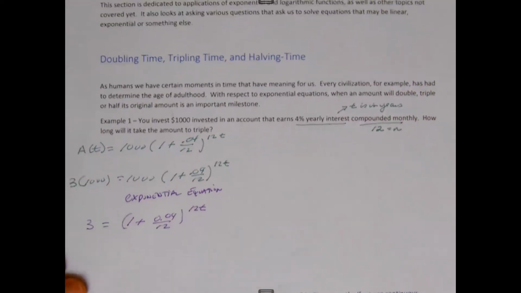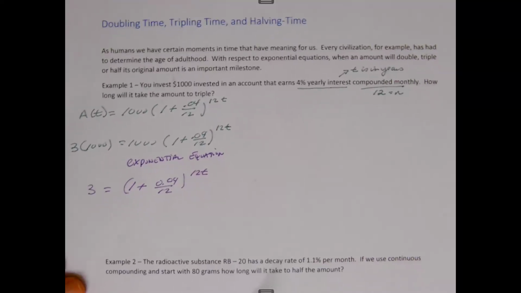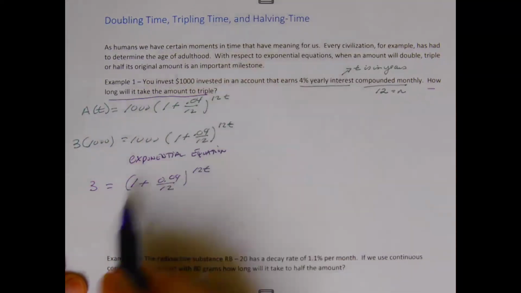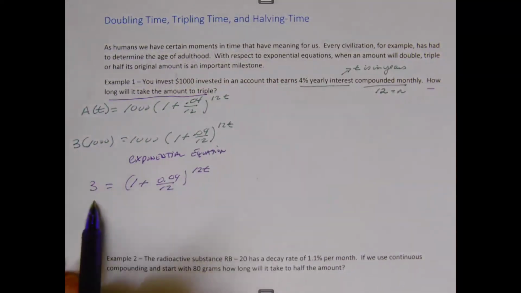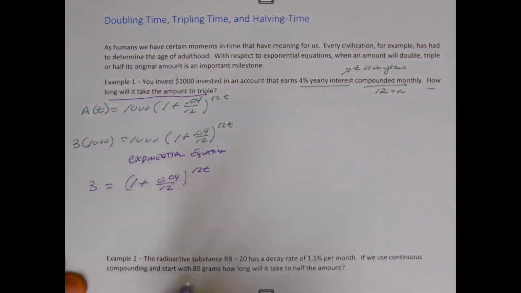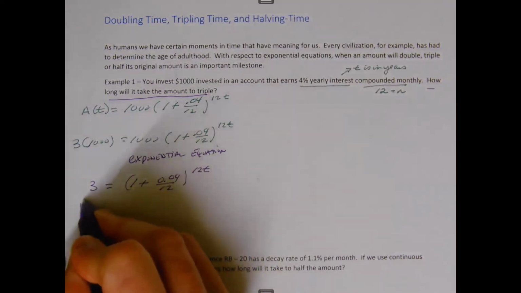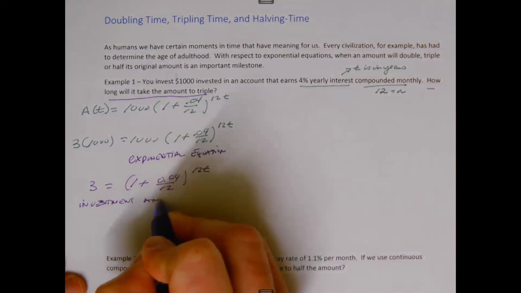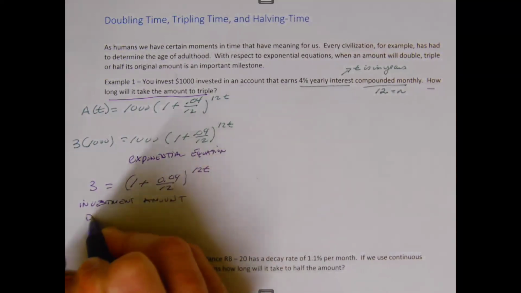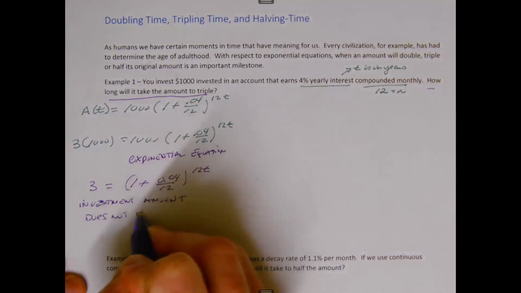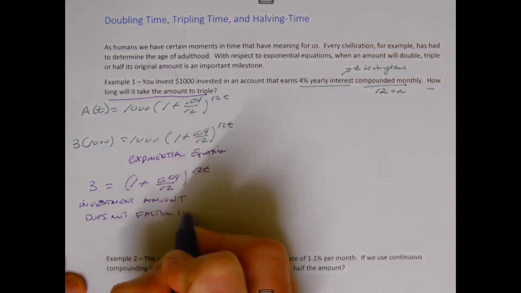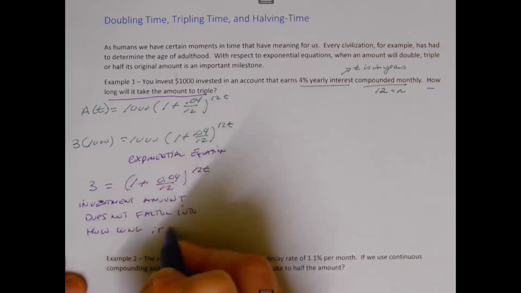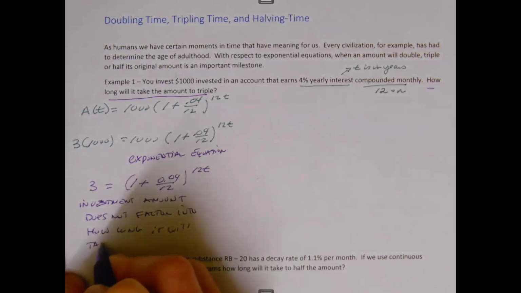Great. And notice what this tells you. This tells you that the original amount doesn't really factor into how long. The question is, how long will it take the amount to triple? And this says it doesn't matter how much you invest. The investment amount does not factor into how long it will take the amount to triple.